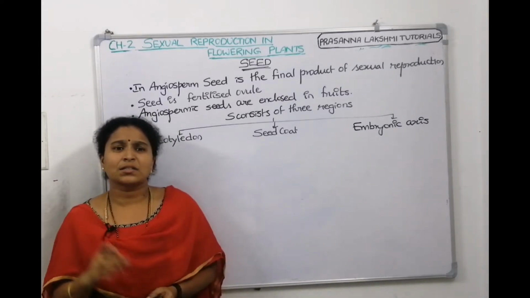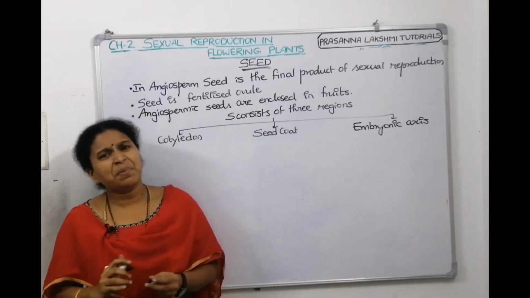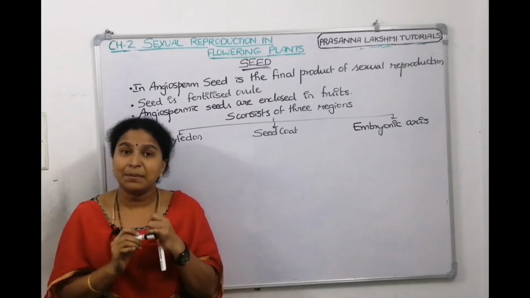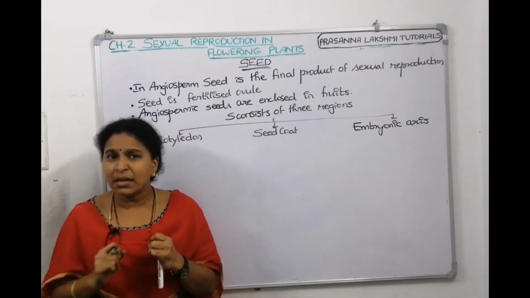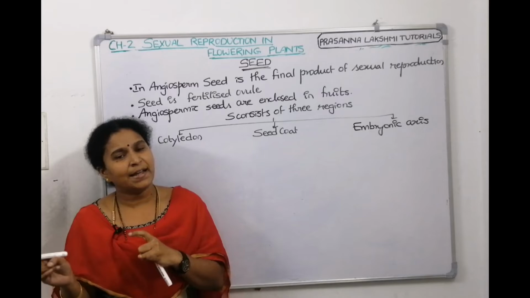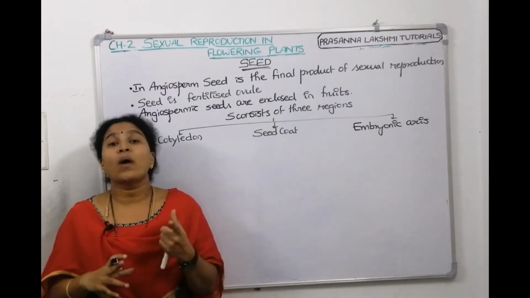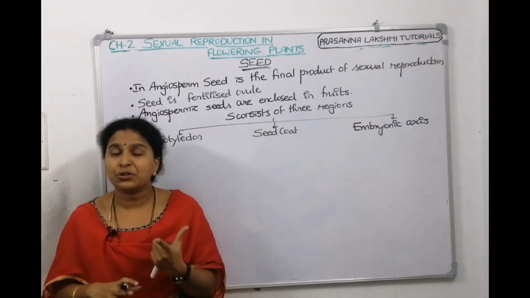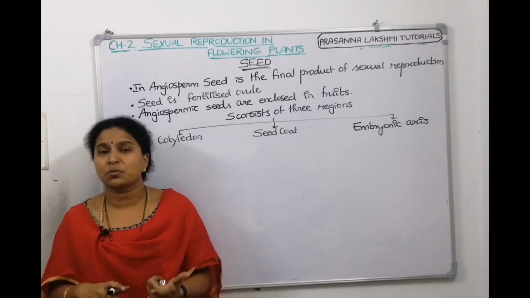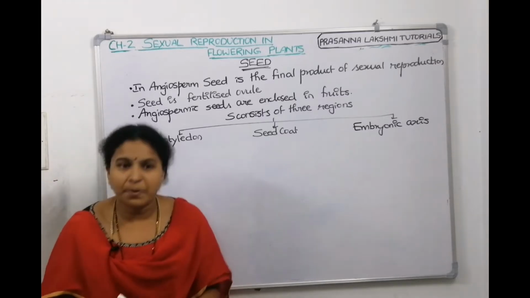So cotyledons of the embryo, are they simple or very complex? They are very simple. Are they thin or thick? They are thick for dicots, they are thin for monocots. If they are thick, why are they thick? They are swelled up structures. Why? Because they are storing food materials.